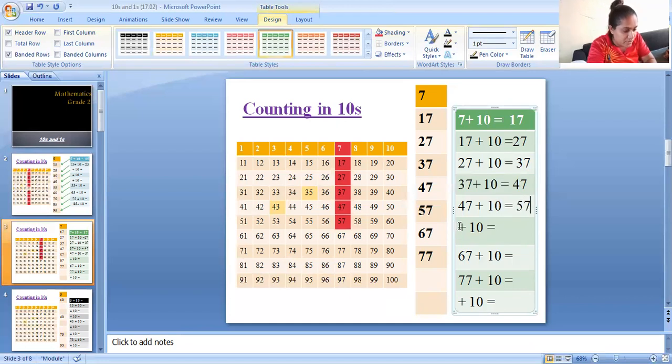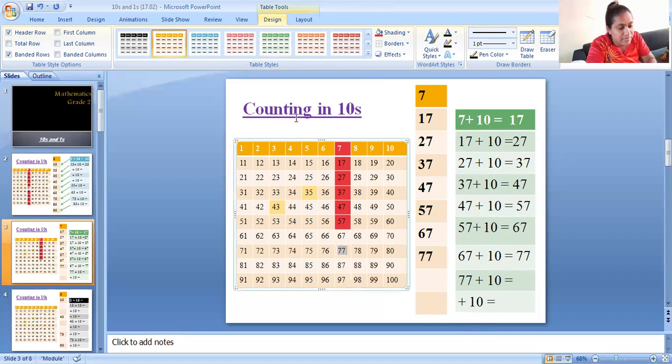Now here we should do 57 plus 10 is equal to 67 because the book has given that. And this also, 67 plus 10 is equal to 77. That of course they have given. Now here we should find the answer for this blank. It is 77 plus 10. So we'll mark 77 on our 100 square.